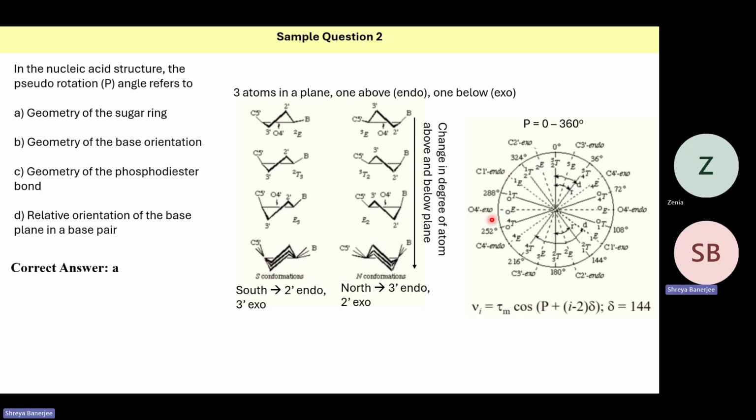Cos of P varies from 0 to 360 degrees with different sections belonging to different orientations, plus i minus 2. i is the nu that we are looking at from 0 to 4, and delta is 144. So using the pseudo-rotation angle, we can define any of the nu, that is any of the torsions in the pentose sugar ring. So P refers to the geometry of the sugar ring, A.